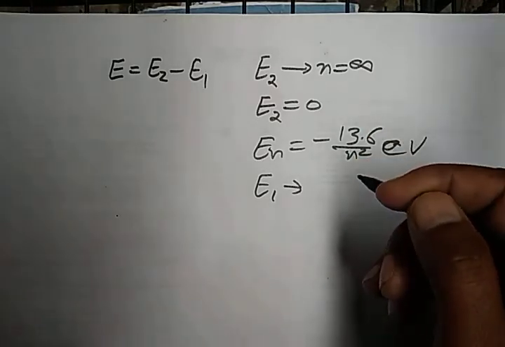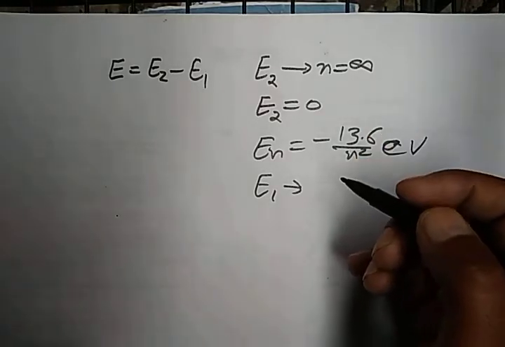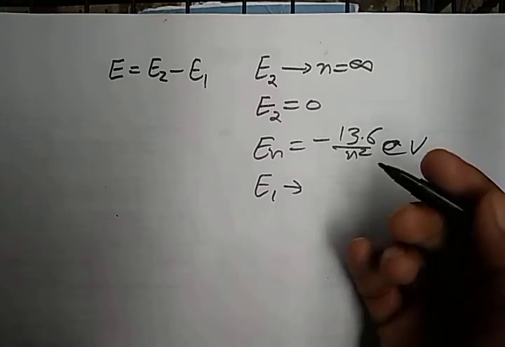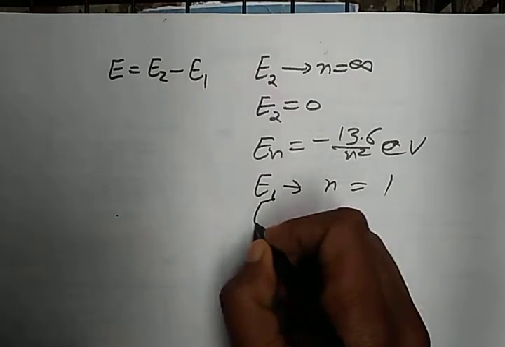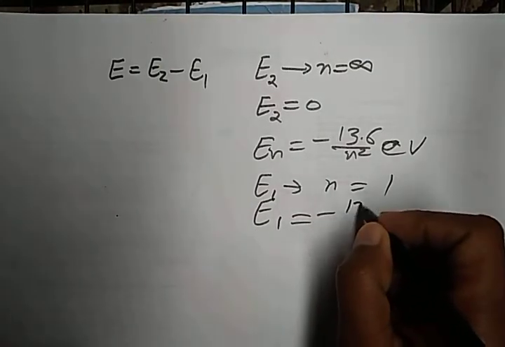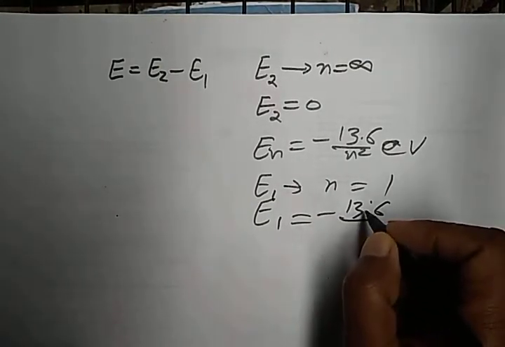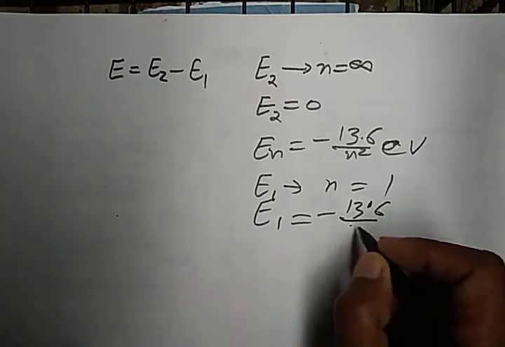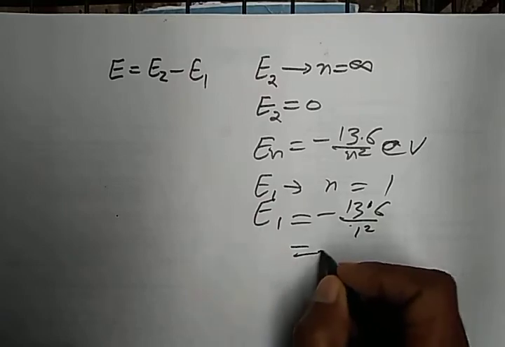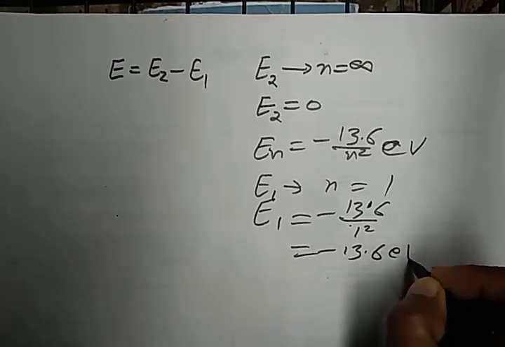If we want to ionize it, then we have to remove the first electron, that is the only electron in it. So for that, n equal to 1. So E1 is equal to minus 13.6 upon 1 square, so that is minus 13.6 electron volt.